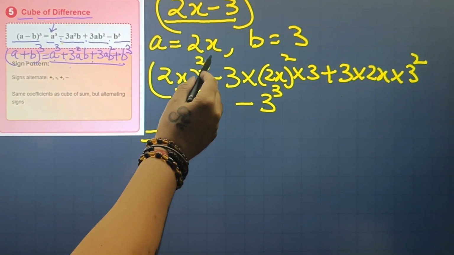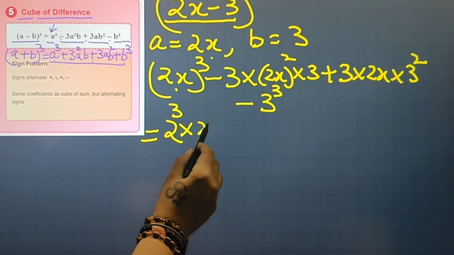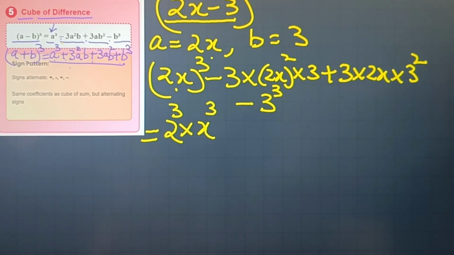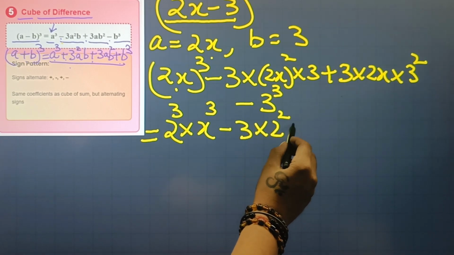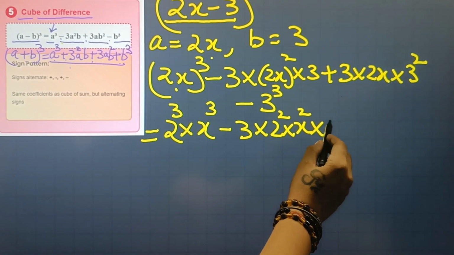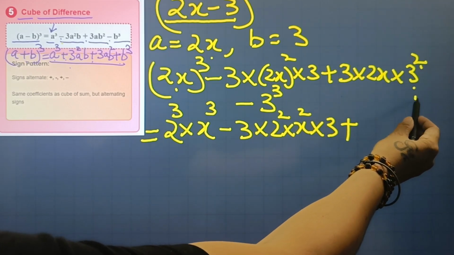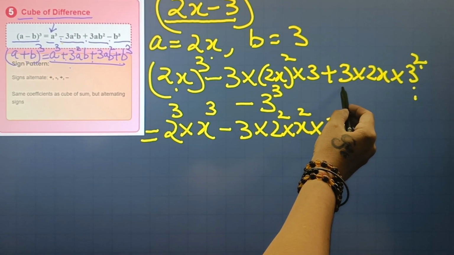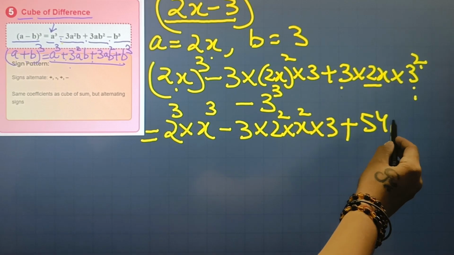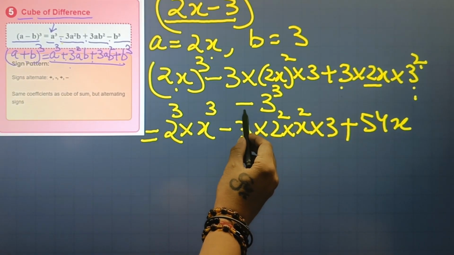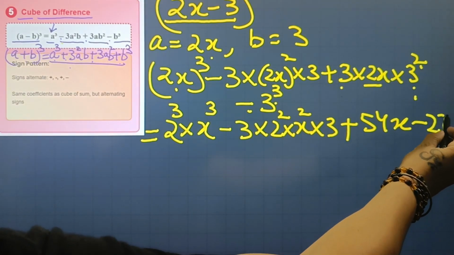This 2x whole cube is nothing but 2 raised to the power 3 into x raised to the power 3. Now this one, minus 3 into 2 square into x square into 3, plus 3 raised to the power 2 is 9. 9 into 3 is 27, and 27 into 2 is 54 x, and the last one is minus 3 cube, which is minus 27.